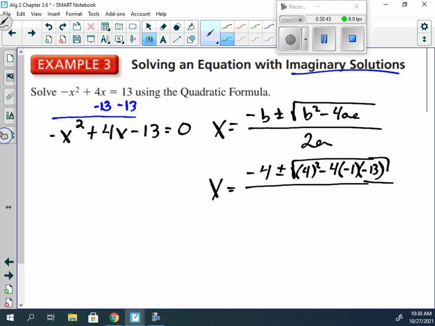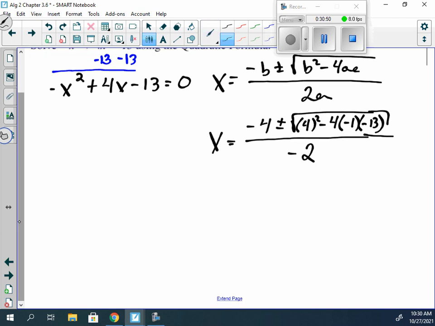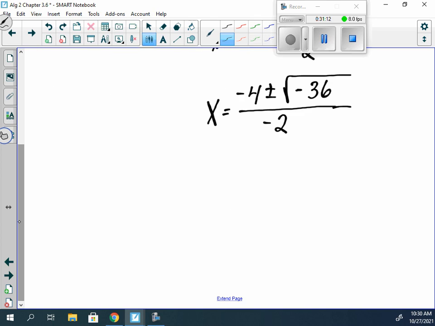And this is all over 2 times negative 1, which is negative 2. So now we need to find out what 4 squared minus 4 times negative 1 times negative 13 is. And this is all divided by negative 2.